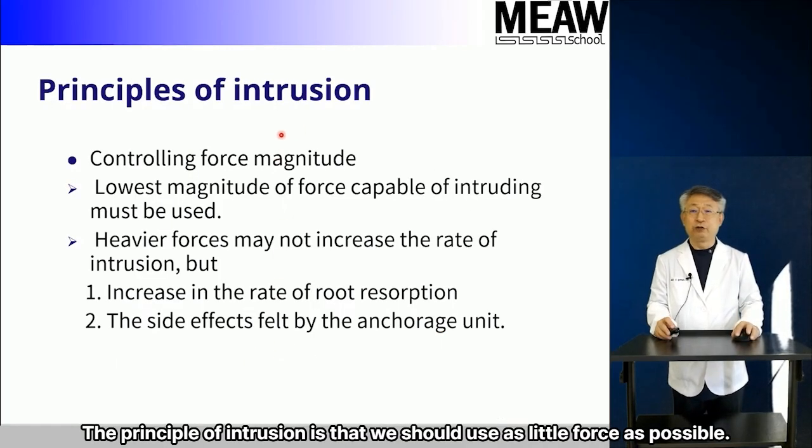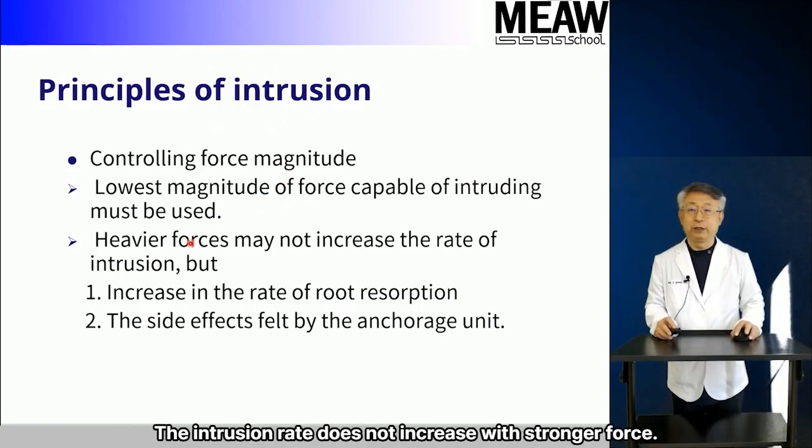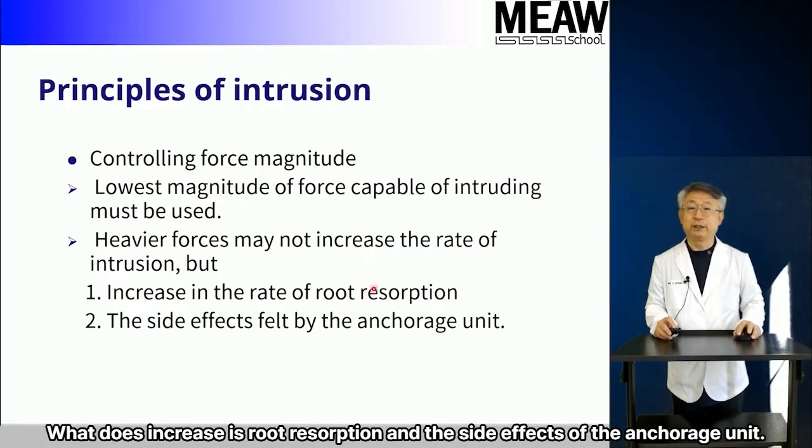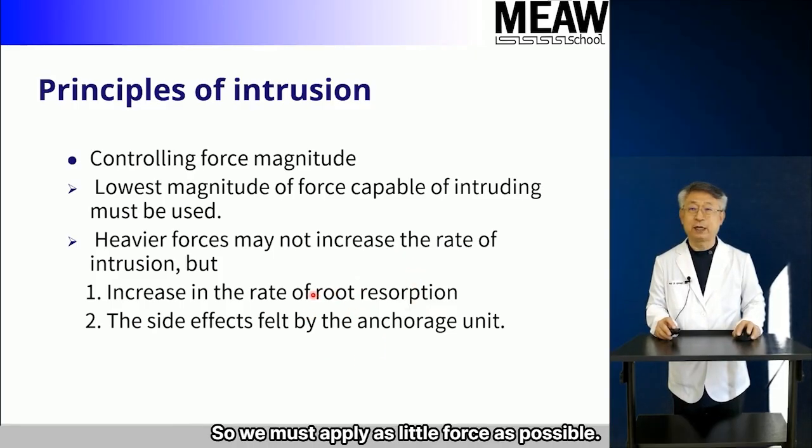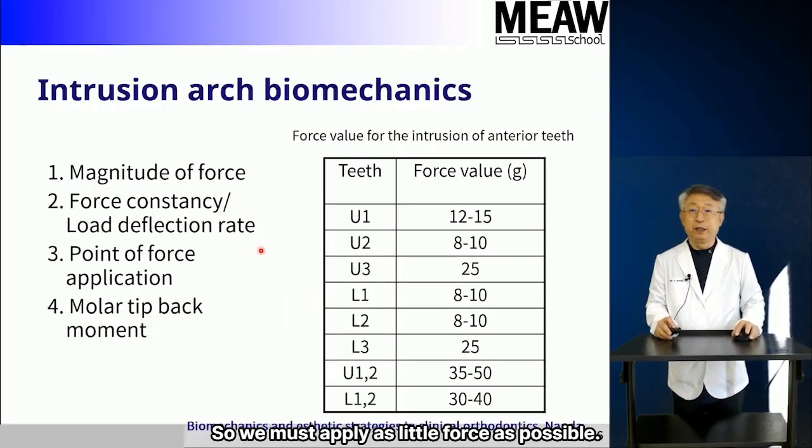The principle of intrusion is that we should use as little force as possible. The intrusion rate does not increase with stronger force. What does increase is root resorption and the side effects of the anchorage unit. So we must apply as little force as possible.